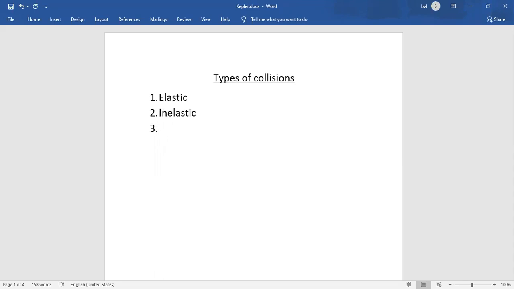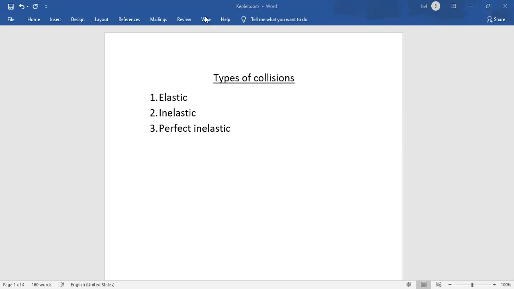The third one is completely, or perfectly, inelastic. I'll tell you the difference also. Let us discuss how we can classify collisions into three categories: elastic, inelastic, perfect inelastic. Okay, so let us start.